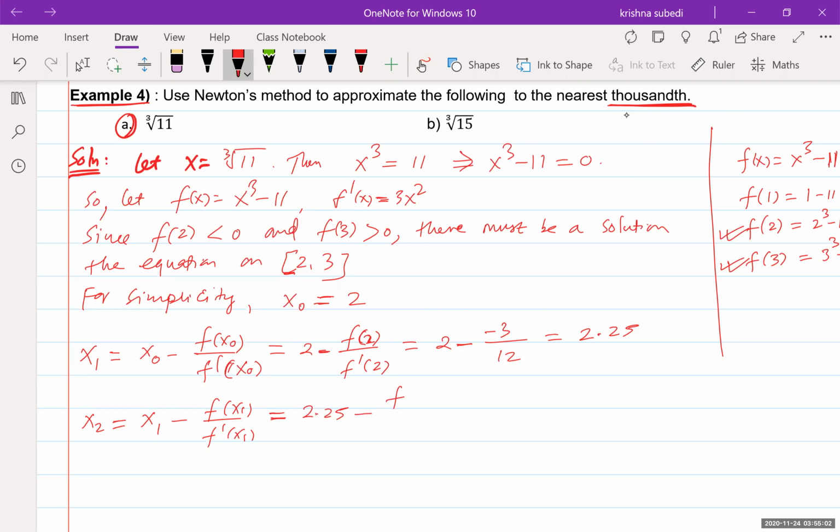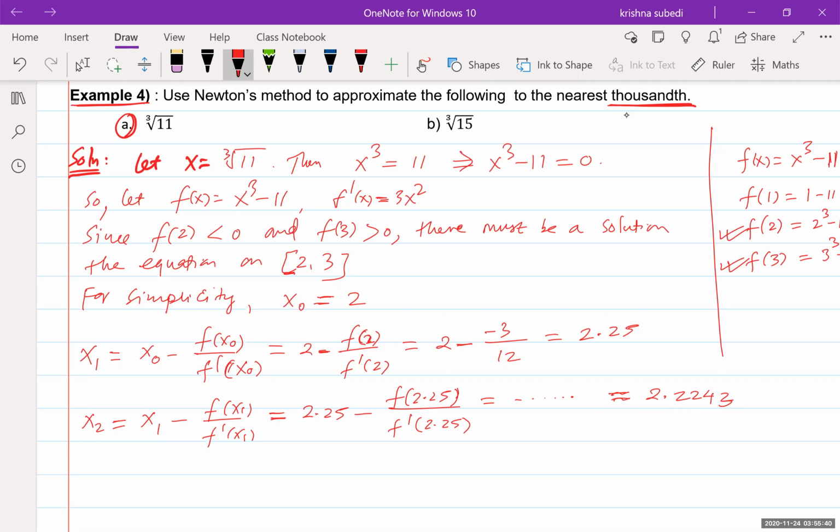So this is 2.25 minus f of 2.25 over f prime of 2.25. If I plug in this value in my calculator, I leave it to you, whatever you get. My calculator is giving me approximately 2.22428.